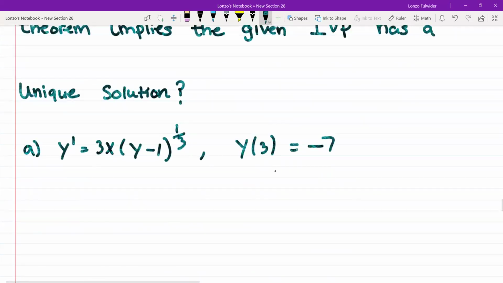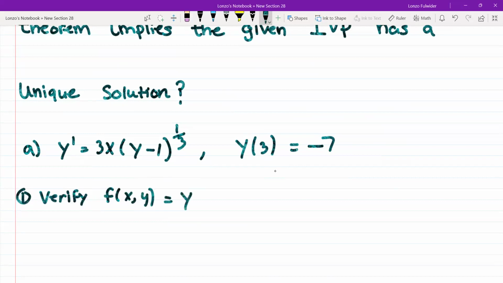Okay, so what would I do? First, I would verify that f(x, y), which equals y prime, is continuous at (3, -7), right?